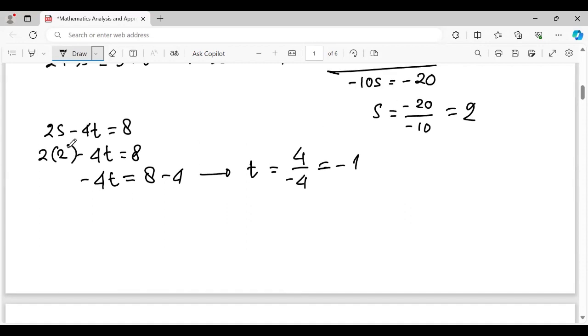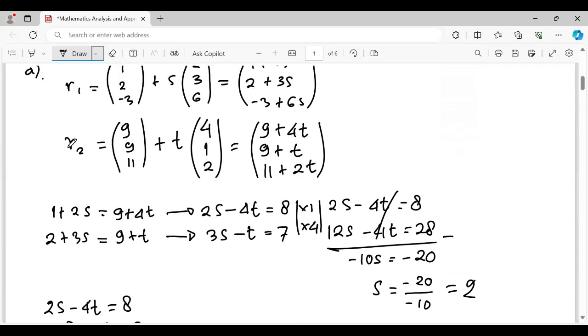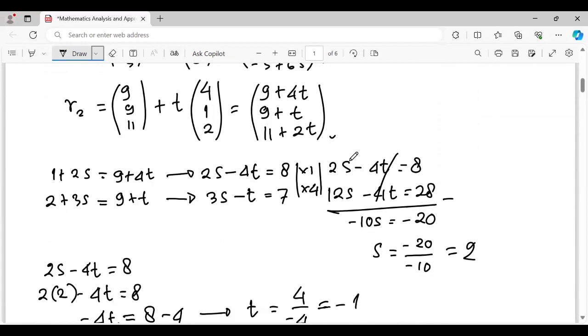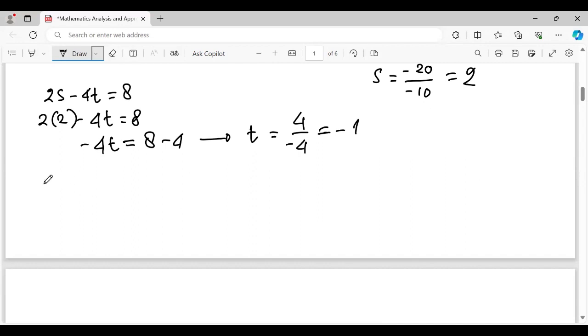So if we substitute into the third equation, minus 3 plus 6S is minus 3 plus 6 times 2, so minus 3 plus 12, 9.